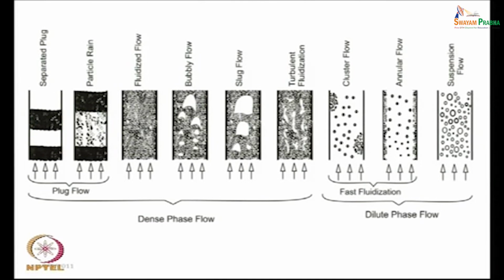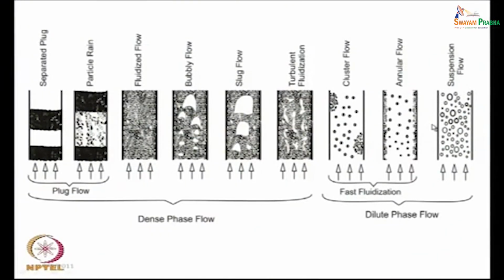Now, remember one thing, although fluidized beds as well as pneumatic conveying are used for different purposes, more or less the same type of flow patterns occur. But for pneumatic systems this particular suspension flow is a desirable condition.